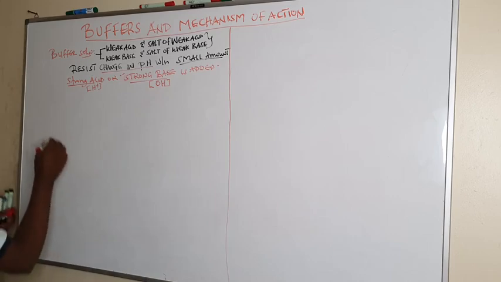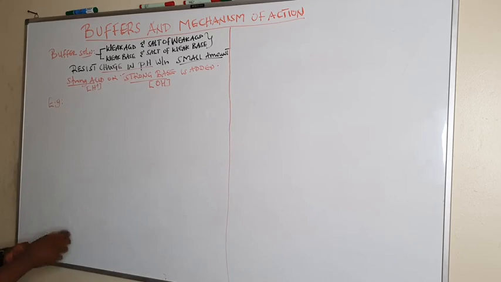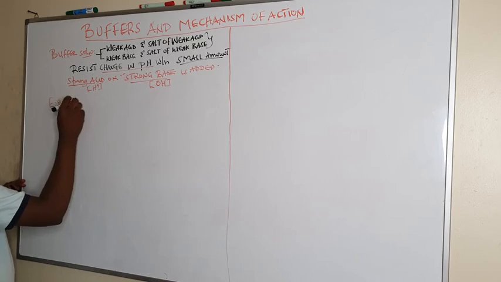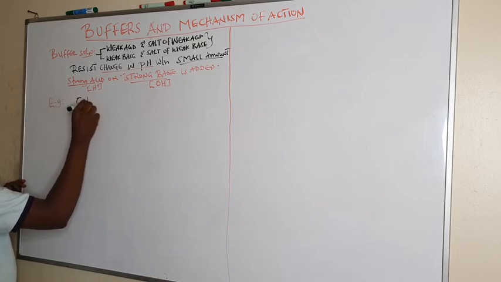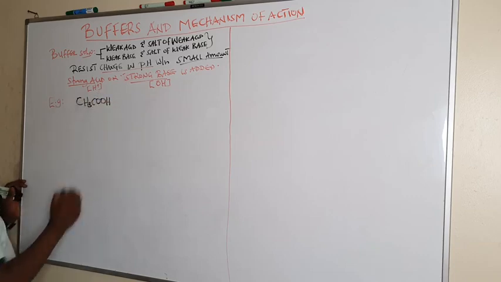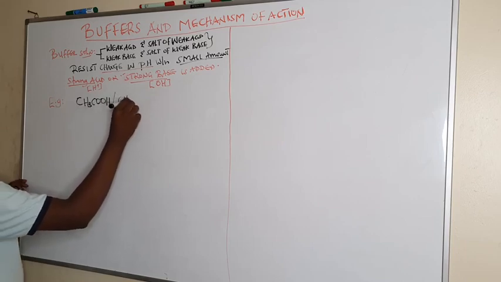And examples of buffer systems include ethanoic acid, or you can call it acetic acid, together with sodium ethanoate.